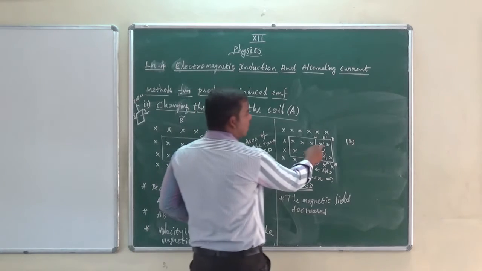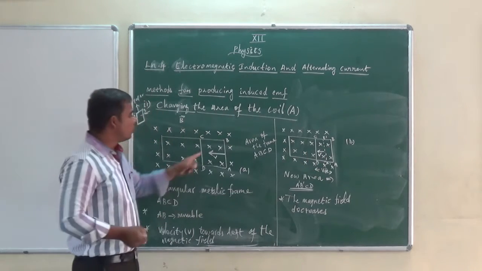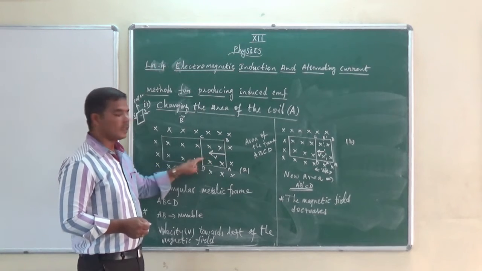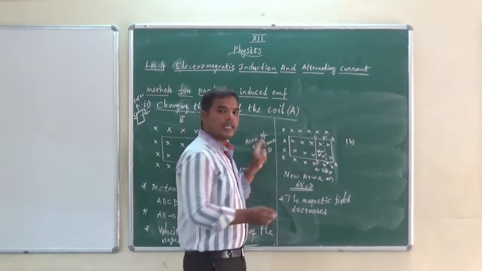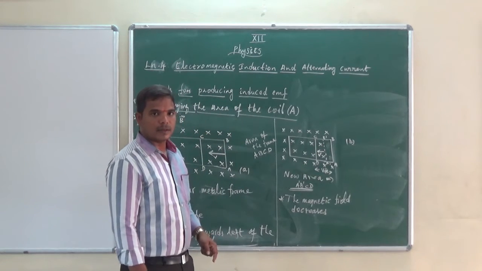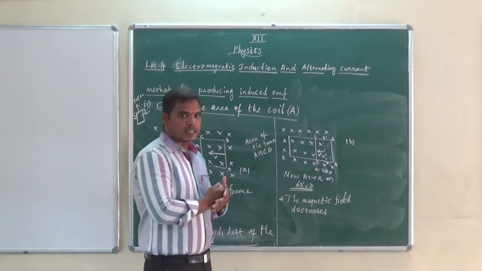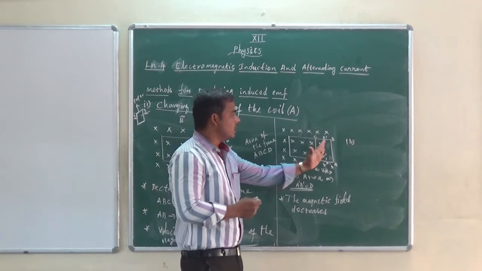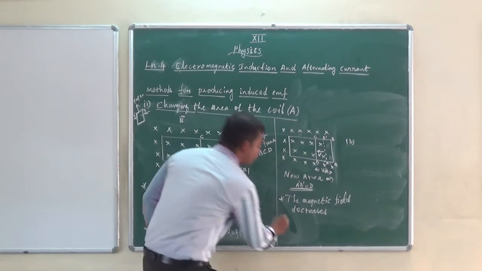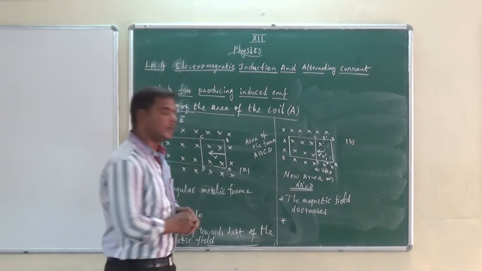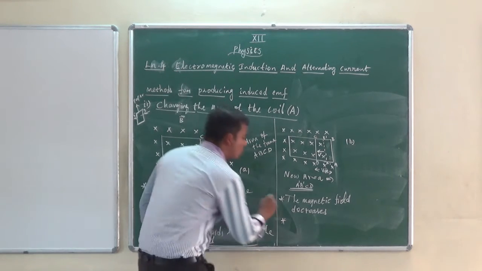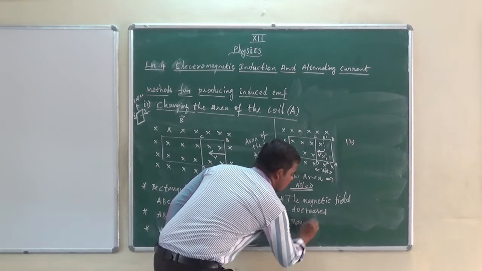Before we move, two magnetic fields are there in the rectangular frame, isn't it? But when I move it, there is just one. So the area is decreased, and not only the area, the magnetic field also decreases. When the magnetic field decreases, the magnetic flux linked with the rectangular frame also decreases.